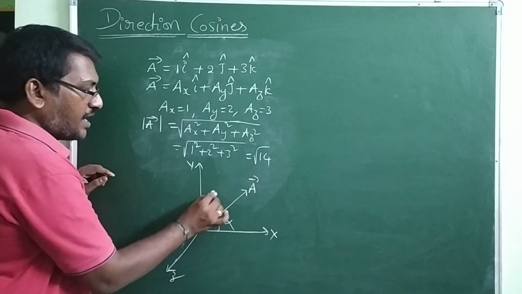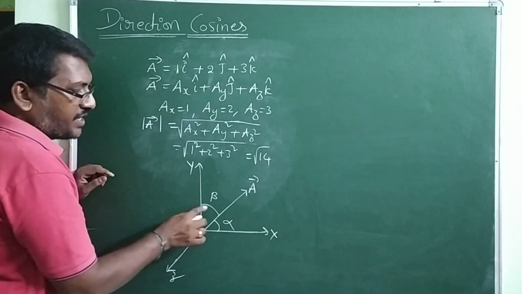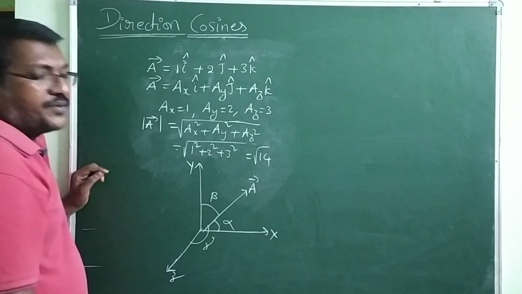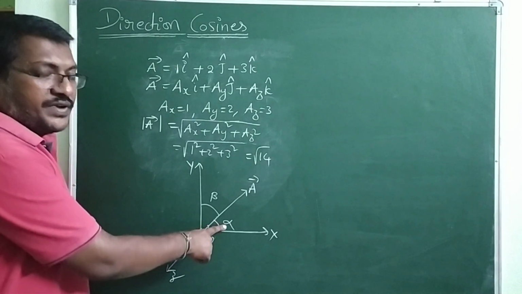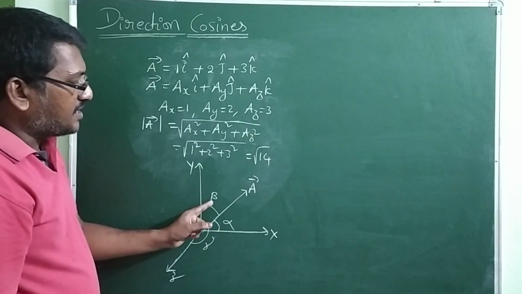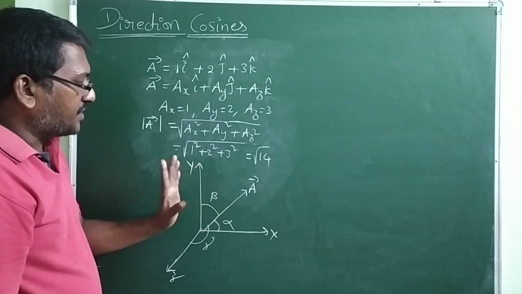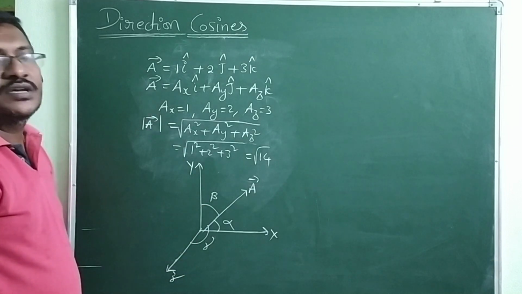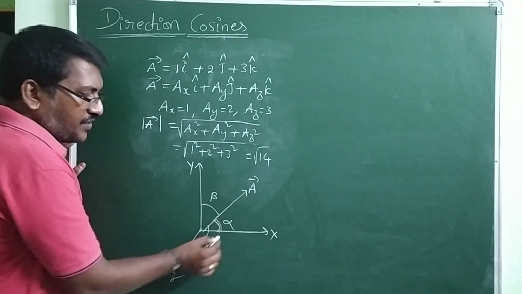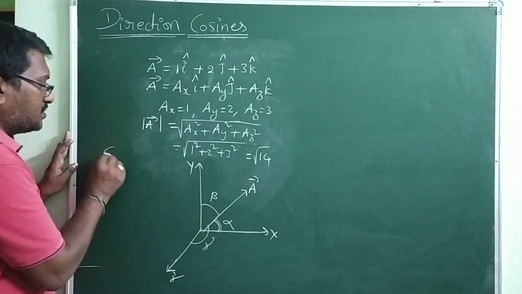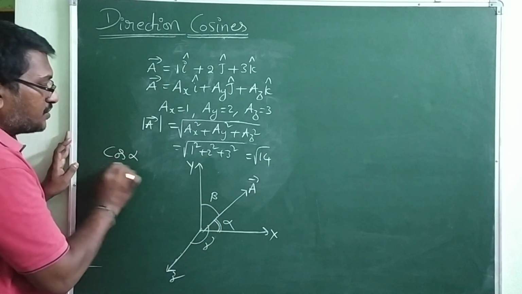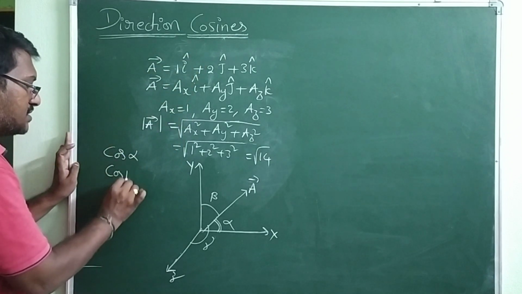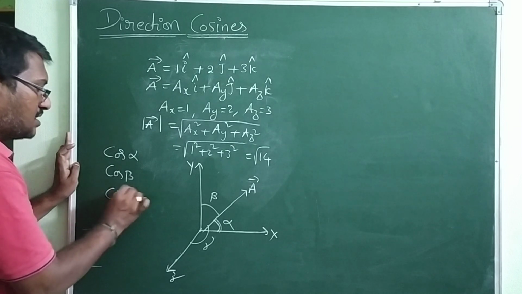I am taking angle between the vector and the y-axis as beta. With the z-axis we can take as gamma. Alpha is the angle made by the vector with x-axis. Beta is the angle made by the vector with the y-axis. Gamma is the angle made by the vector with the z-axis. Now I am going to calculate cos alpha, cos beta, cos gamma. So these are called as the direction cosines of the given vector. Cos alpha and cos beta and cos gamma.